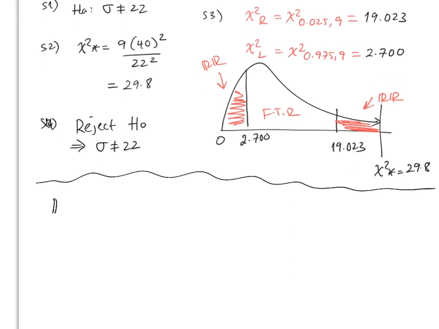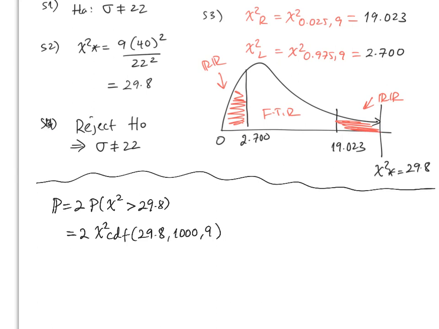what about the p-value? This will be twice the probability that chi-square is greater than 29.8. So let's use the calculator. This will be 2 chi-square CDF, 29.8, 1000, and then 9 degrees of freedom. So how much is this?